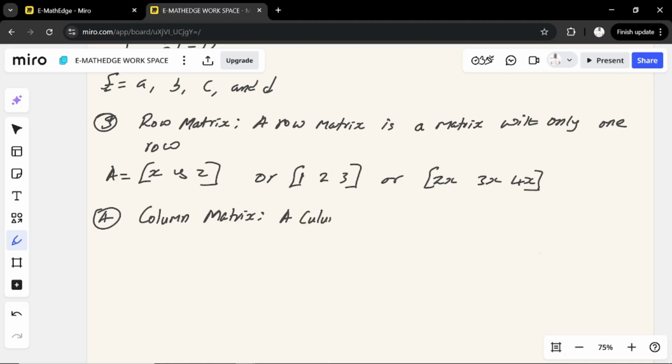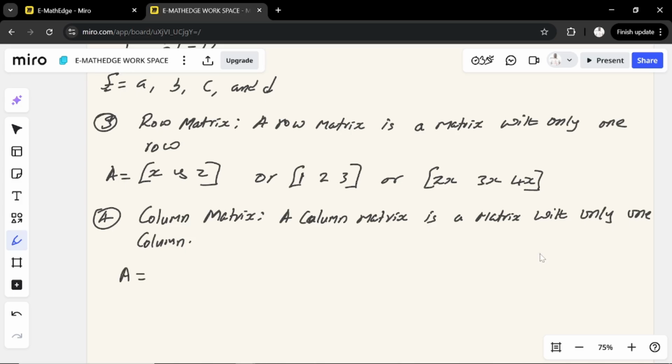A column matrix is a matrix with only one column, just like the row matrix, right?